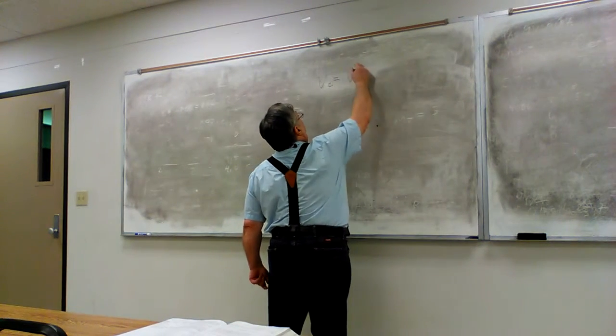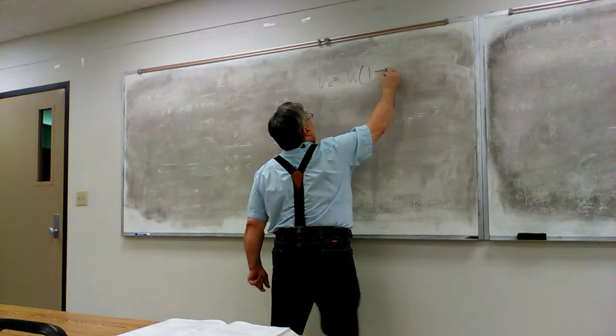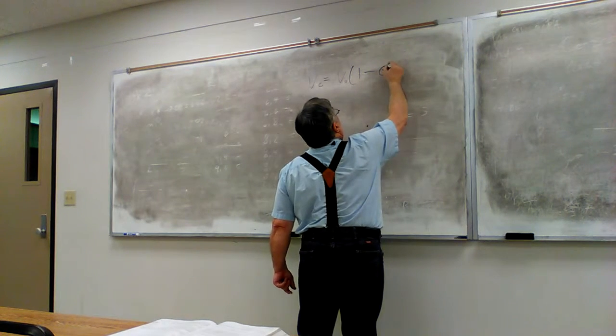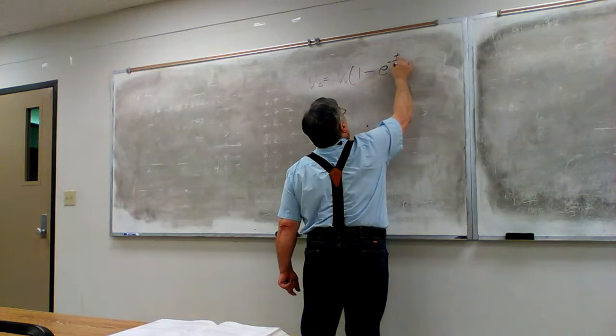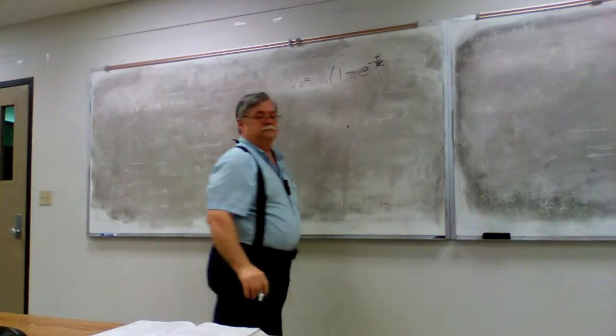It will be V sub naught times 1 minus e to the minus t over RC.